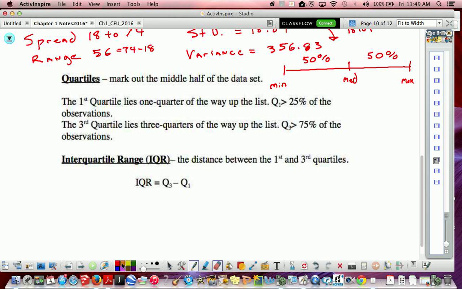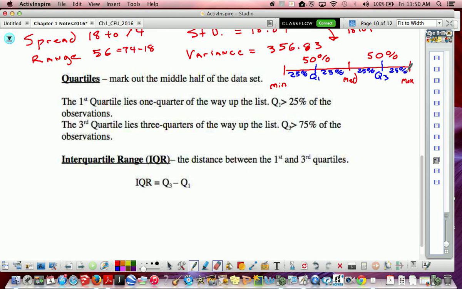Your quartiles basically take the median of the lower half, which is Q1, and the median of the upper half, which is Q3. So it divides your data into 4 quarters, hence why they call it quartiles. Quartiles, quarters. Then you'll average them, just like you do with the median, you would average the data points if necessary.